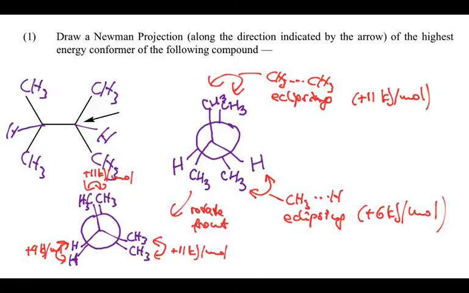So the relative energy equals plus 26 kilojoules per mole. What's the total energy for the other conformation? 23. Yes, so that's 23 kilojoules per mole. So you see the highest energy conformation is the one I just drew, this one.